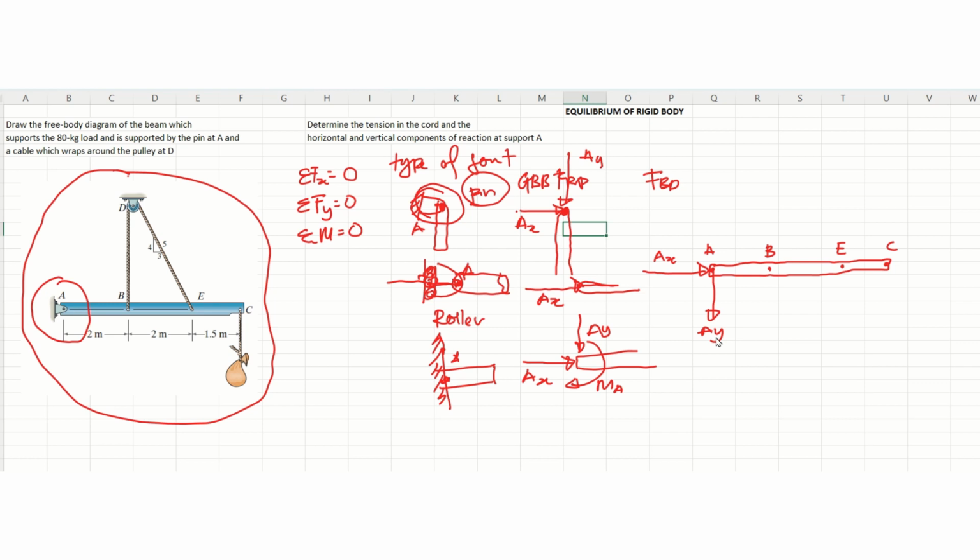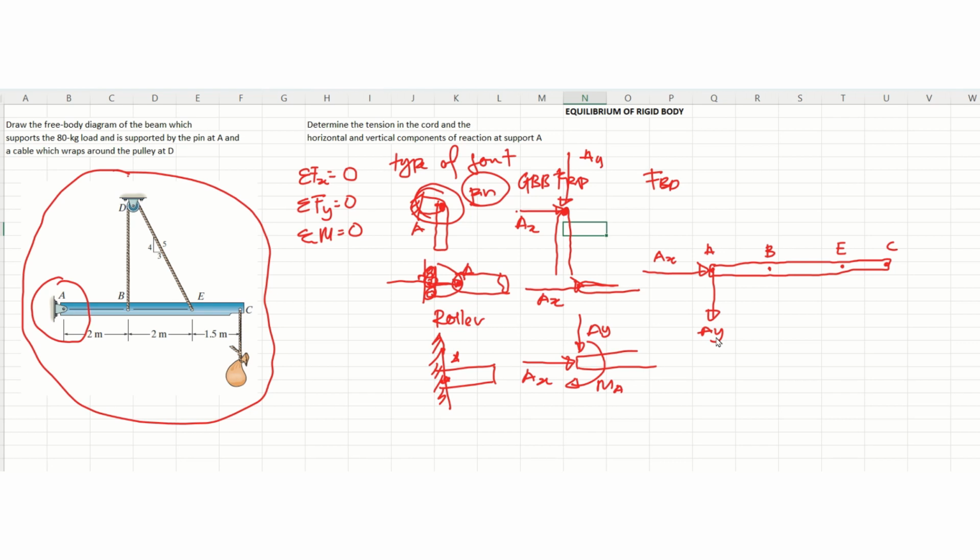As I mentioned previously, the directions of the arrows we assume, because at the end of our calculation we will get whether AX or AY is positive or negative. If positive, that means our assumption of the direction of AX is correct.